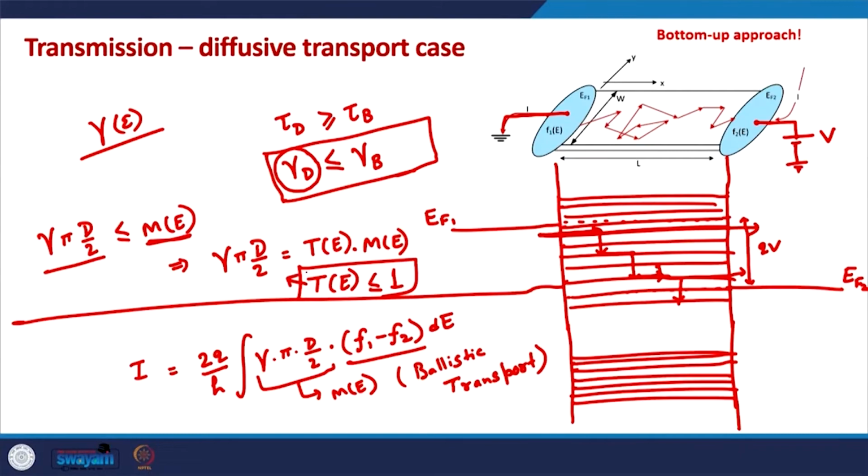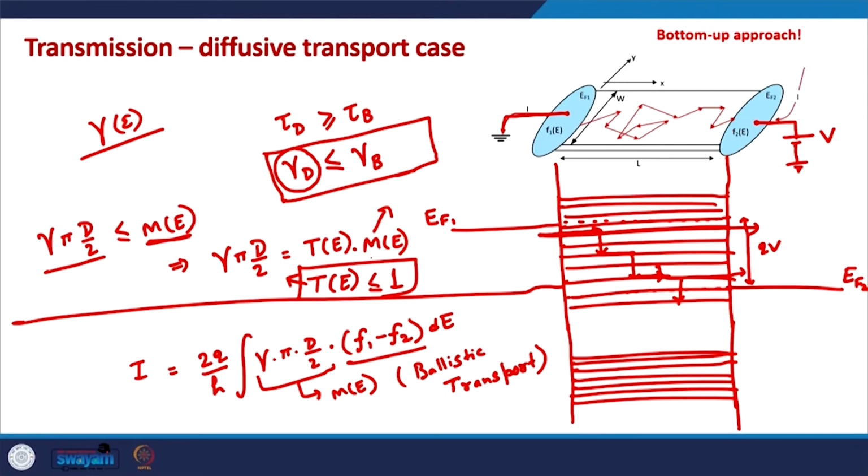So, in a way, this parameter Te accounts for the collisions, for the diffusive transport. It accounts for the intermediate collisions of electrons. So, in order to understand the diffusive transport case, we ultimately need to know what Te is, because we already know what Me is, and all other things are known to us.